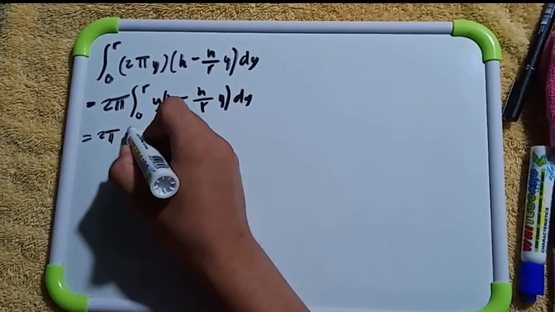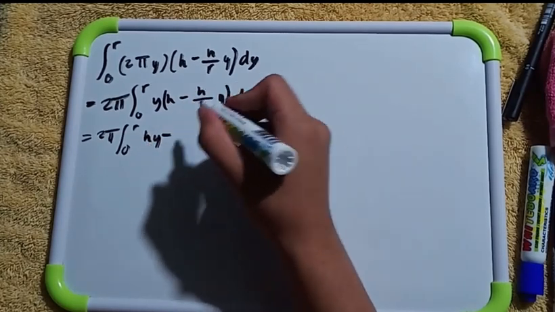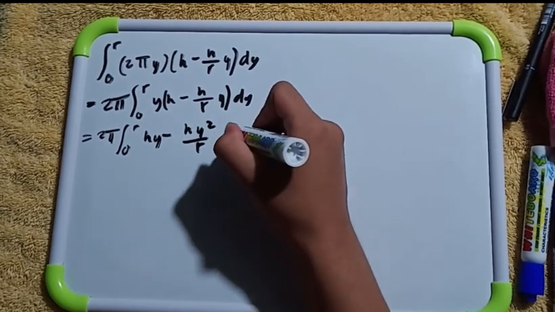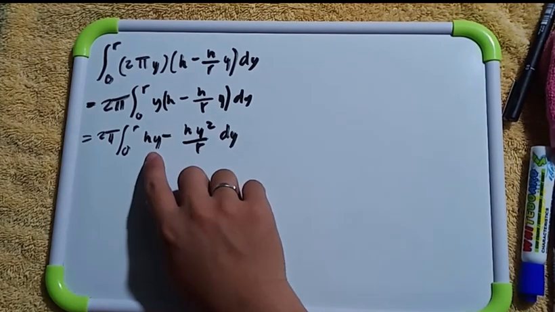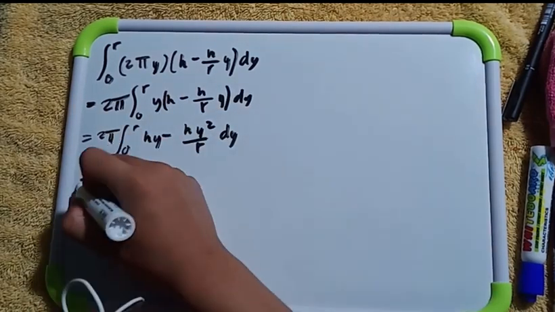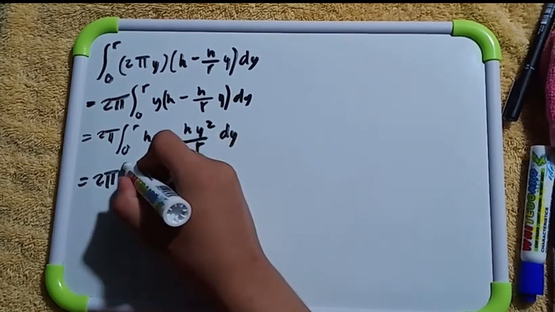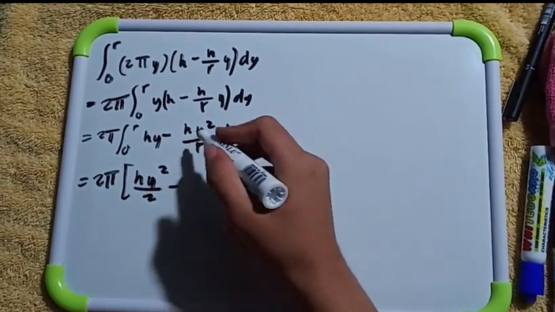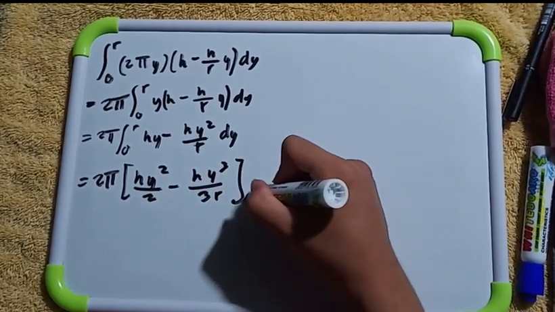Maging 2 pi, 0 to r, hy minus hy squared all over r dy. And then next, integrate na natin siya 1 by 1. So, ganito yun guys, 2 pi, integral nito ay hy squared all over 2 minus integral nito hy cubed all over 3r from 0 to r.